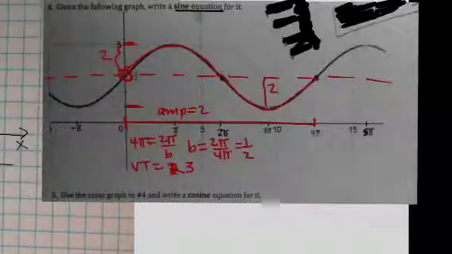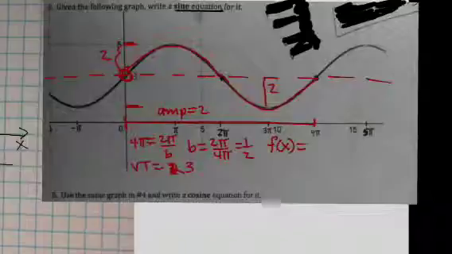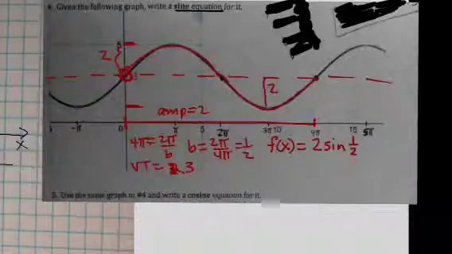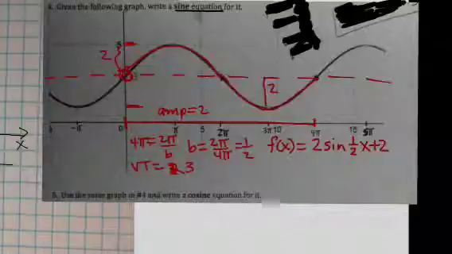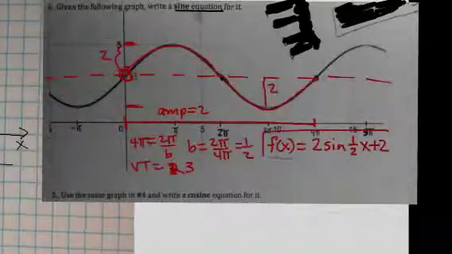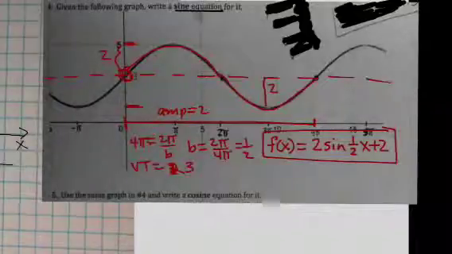So your final equation would be either f of x, if you want to use f of x, equals the amplitude, which is 2 sine 1/2, because that's b, x plus 3. You could have used y equals if you wanted to. Perfectly okay. So here's the answer for number 4. Well, here's an answer, because you could have other equations with sine, but this is the simplest one.